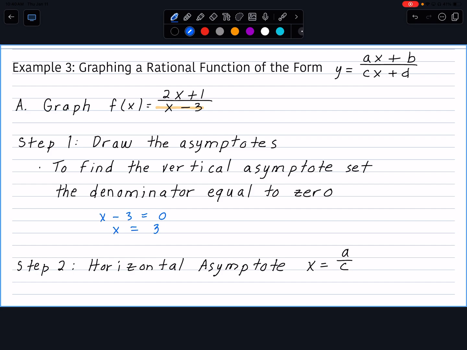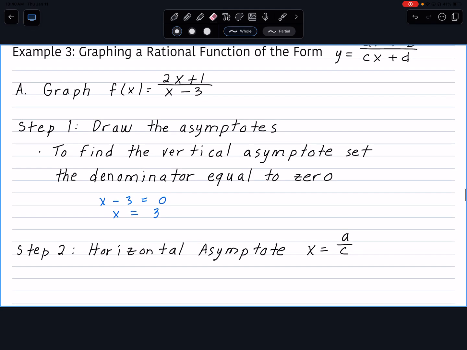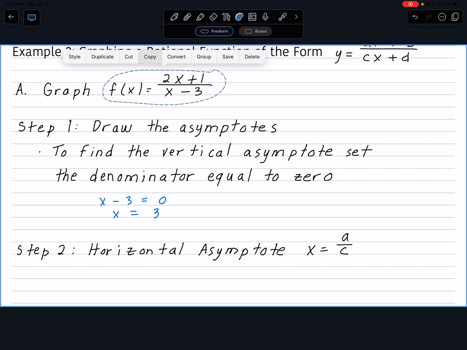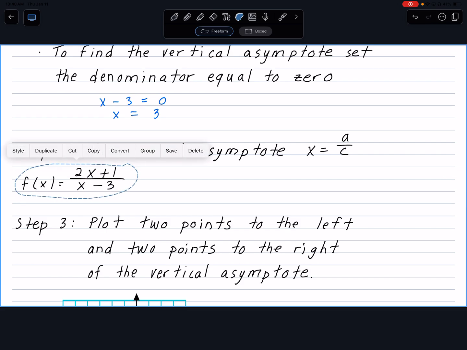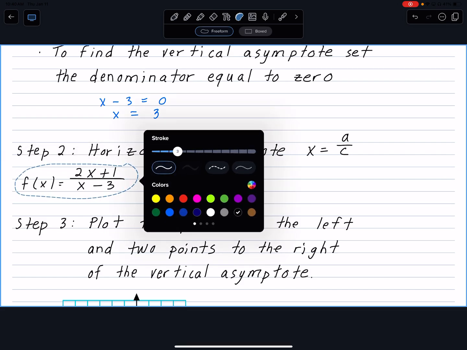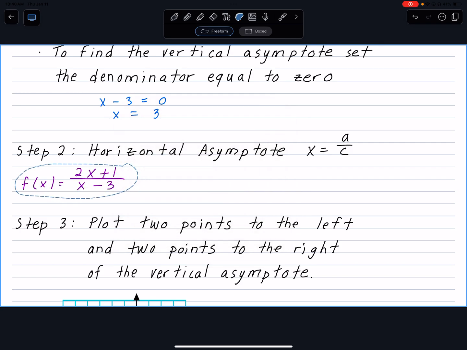The next thing we're going to do is find the horizontal asymptote. In order to find the horizontal asymptote, you're going to take the ratio of the leading coefficients. So in other words, I'm just going to bring our function down here real quick. The leading coefficients are the numbers in front of x.